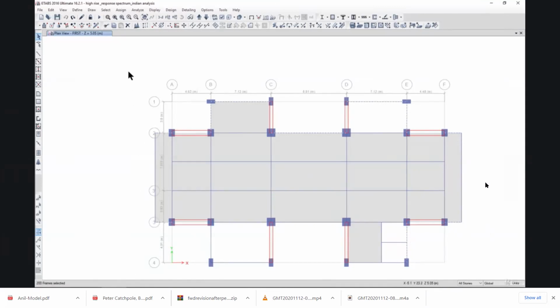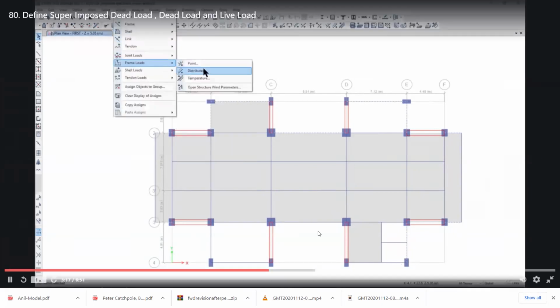So total 200 frames are selected. So we just need to assign frame loads distributed.